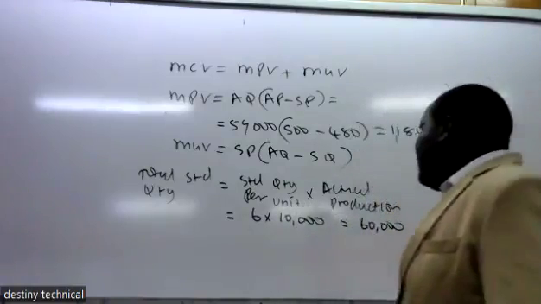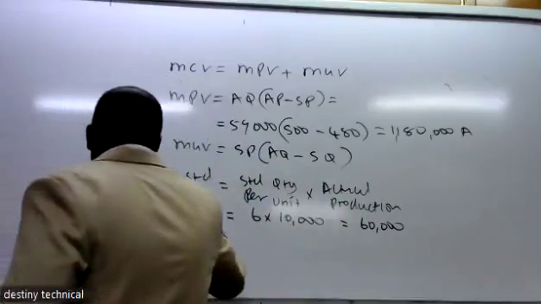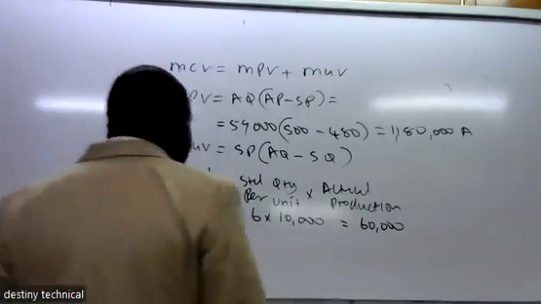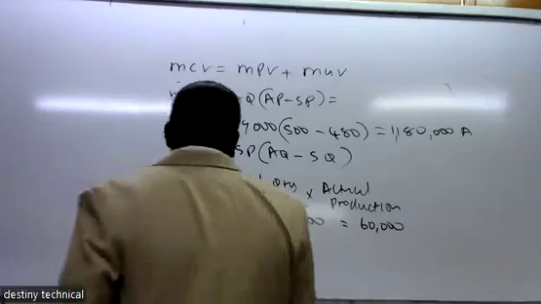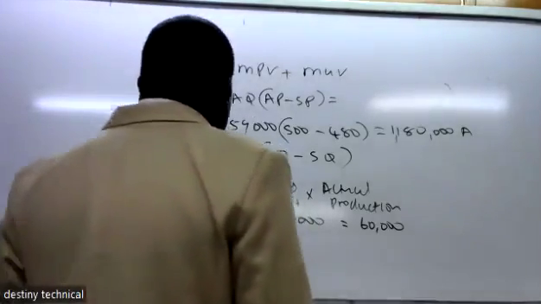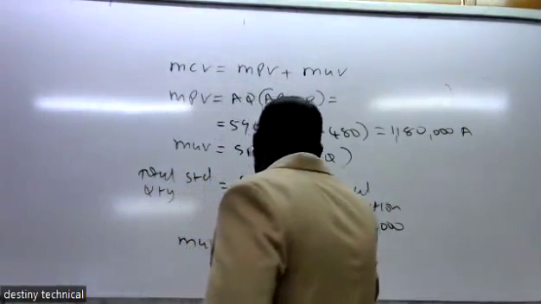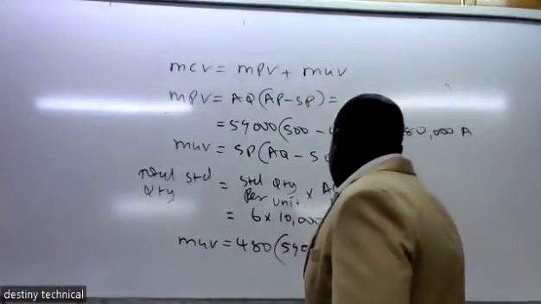Now from there, you can compute the material usage variance. The standard price is 480. Then the actual quantity was 59,000. Then the standard quantity is 60,000.